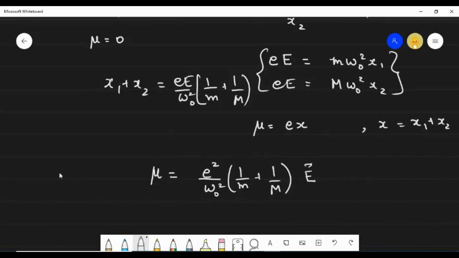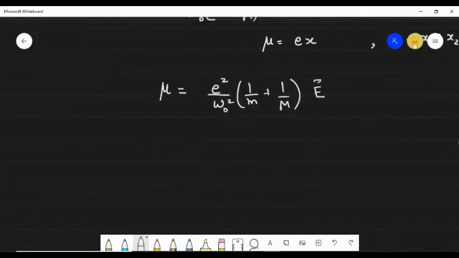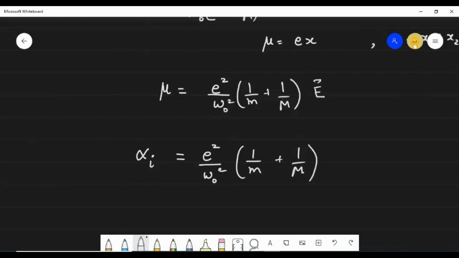So on recalling that the induced dipole moment is proportional to electric field, with proportionality constant being the polarizability, the ionic polarizability alpha I is equal to e square by omega naught square into 1 by m plus 1 by M. As you can see, this quantity is called the reduced mass of the molecule.